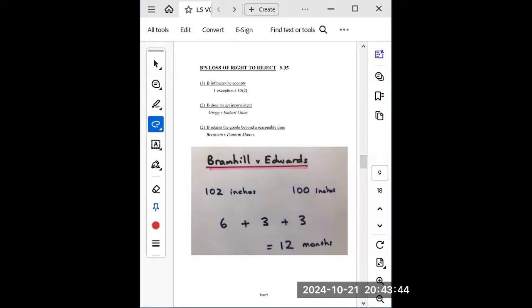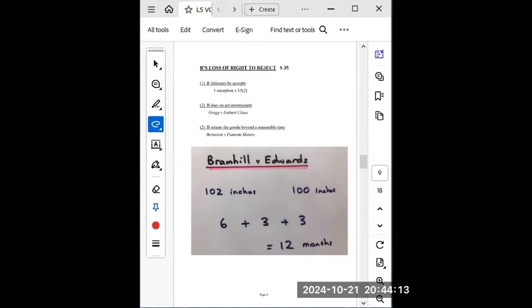In Greg against Emhart Glass, the buyer bought 2 machines. There were loads of design faults, which the seller tried to rectify. This involved factory shutdowns. 2.5 years later, the buyer wanted to reject, and he was claiming £2 million in damages for lost production. The court said there was a breach of Section 14, but the court said the buyer cannot reject.